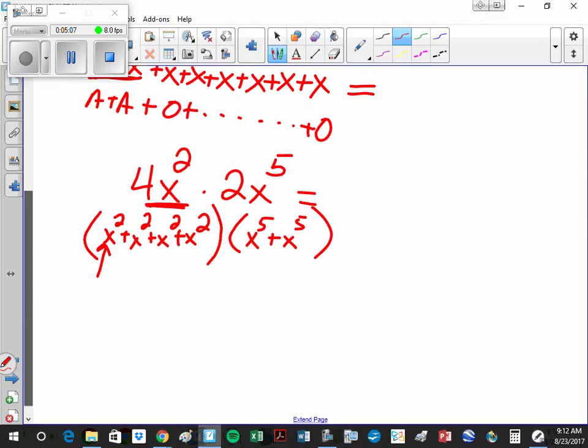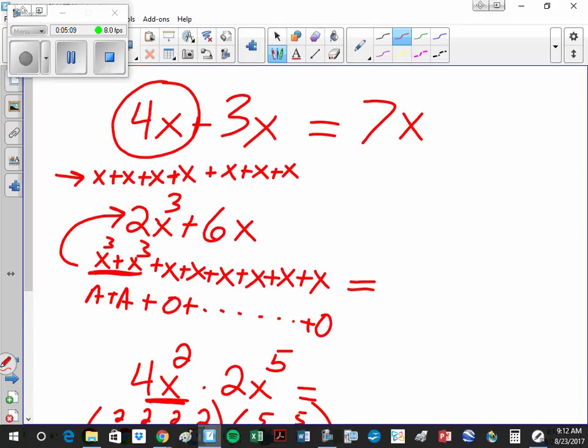So let's go back up. So if I have repeated addition, maybe I'll write this down. So repeated addition turns into multiplication, right? X plus X plus X plus X can be simplified to 4X. Agreed?